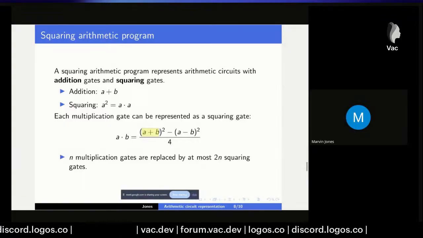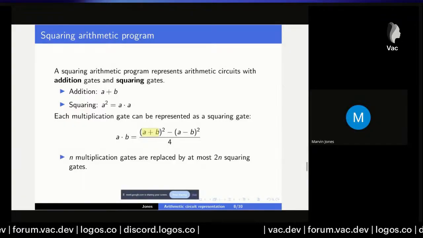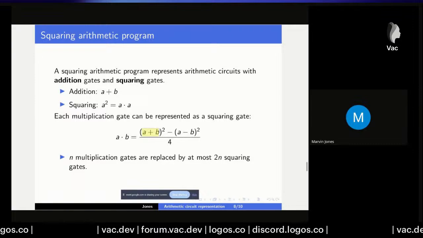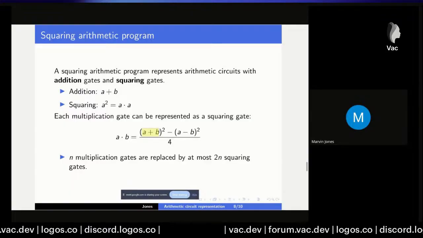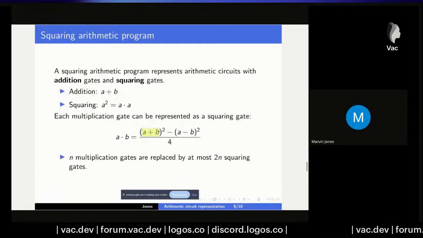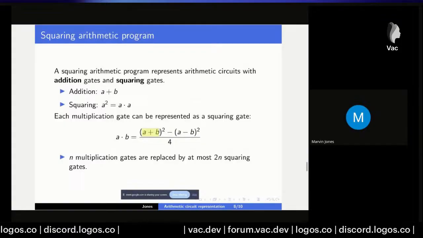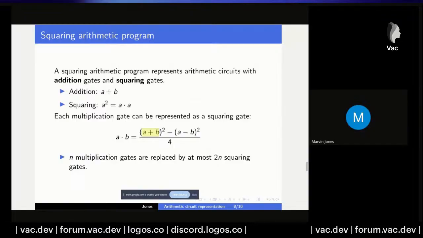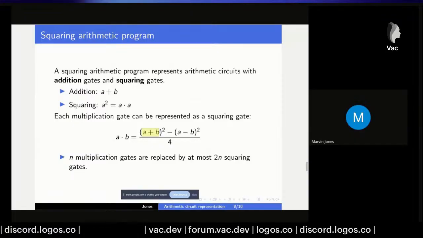So what that means is that for every n multiplication gates, you're going to have to replace it with at most 2n squaring gates. The reason at most is maybe the same square gets used twice and you can be lucky. So there's that. Now where squaring arithmetic programs are used, there's a paper by Groth and Mary Maller from 2017 that introduced this.